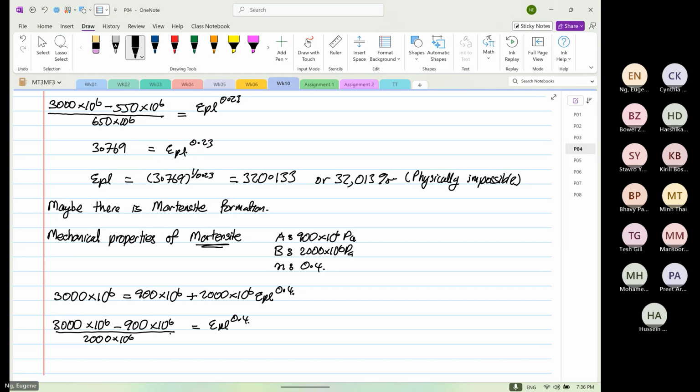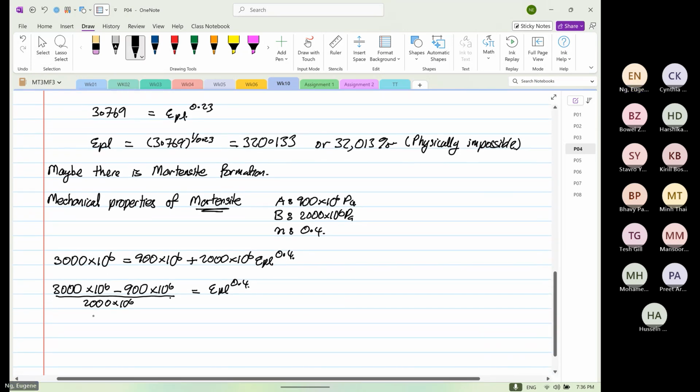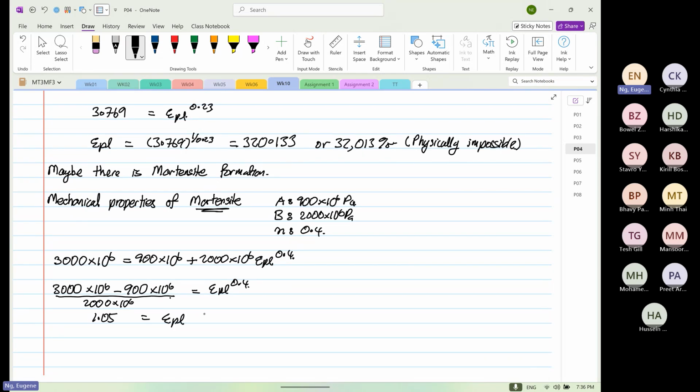So this will be equal to 2,100 divided by 2,000, which is 1.05. And this is equal to epsilon PL to the power 0.4.